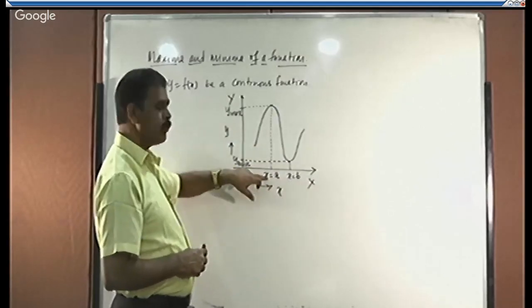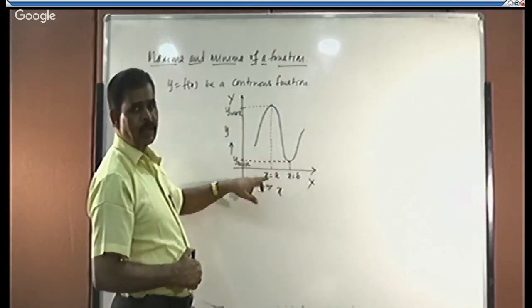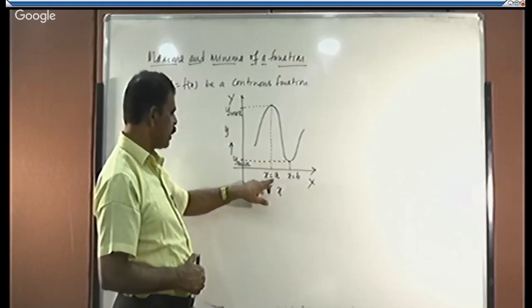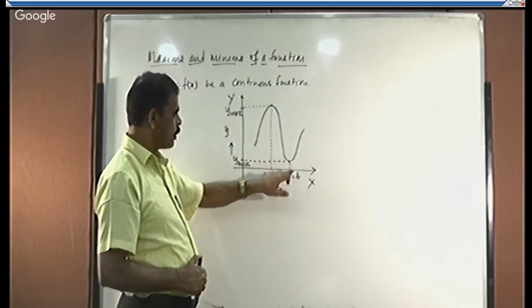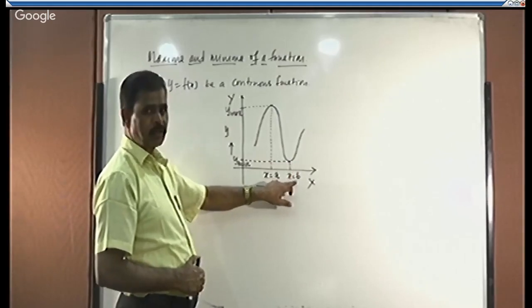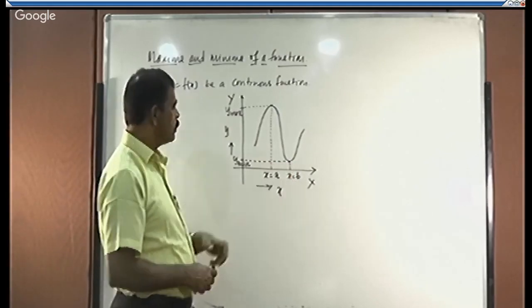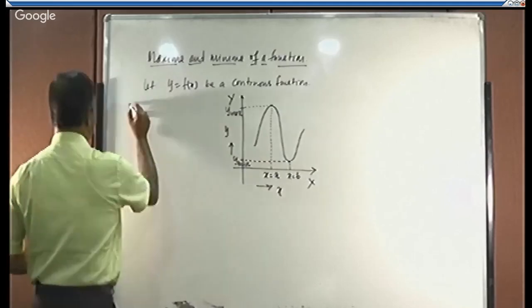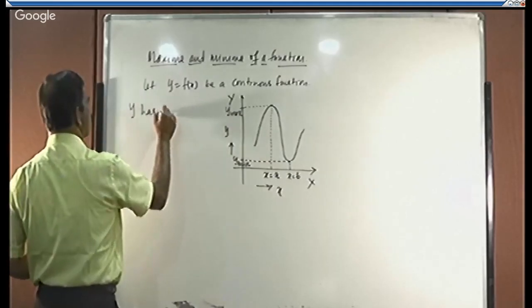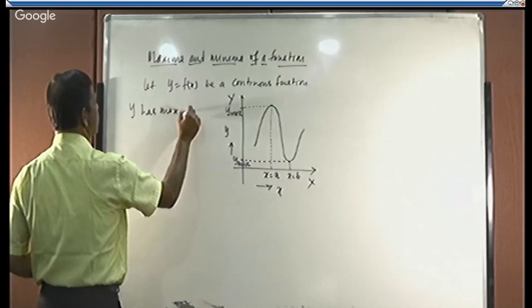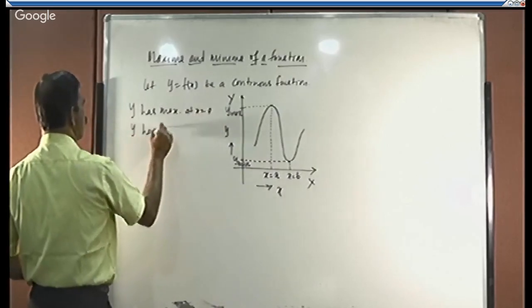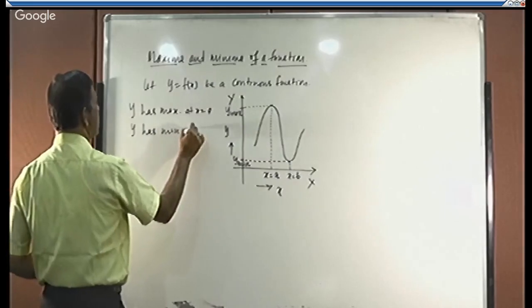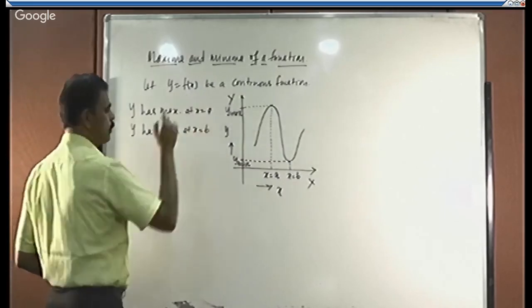The maximum value will be obtained at a particular value of x, say a, and the minimum value will be obtained at a particular value of x, that is equal to b, right? So y has maxima at x is equal to a. y has minima at x is equal to b.